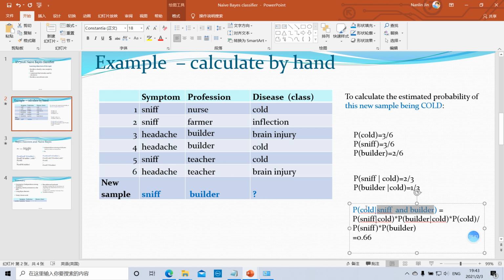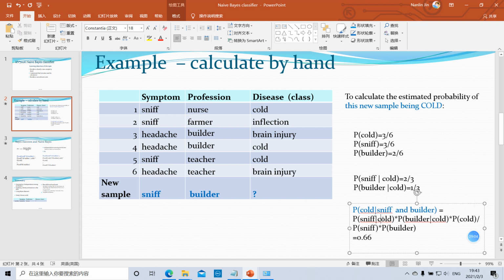Now we practice a formula we are going to study in the next slide. Basically, we practice this formula. Cold is the class.